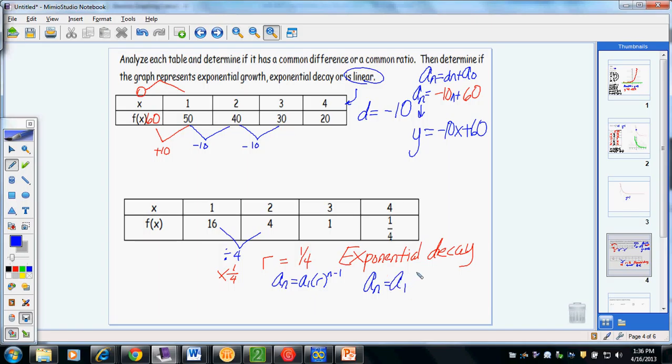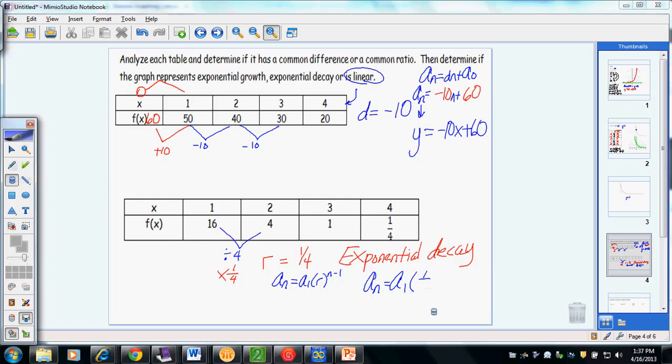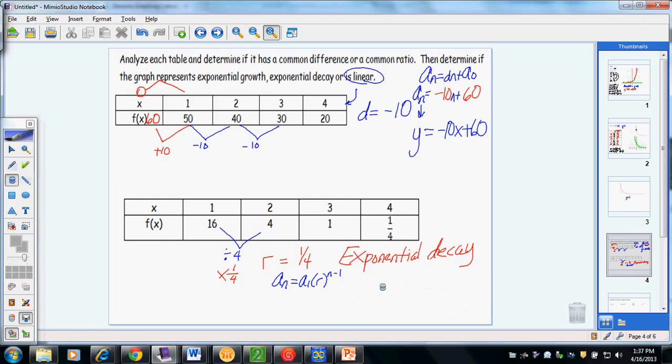We're going to skip this part for a second because I don't want to get this confused with something else.